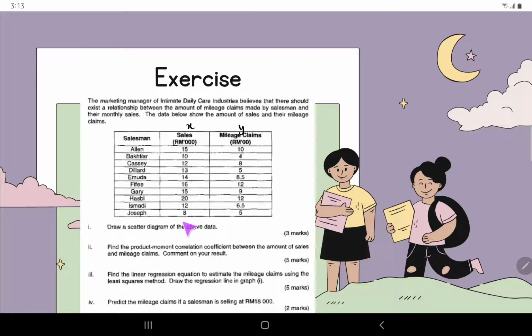So kalau sales dia dekat sini 18, dekat sini berapa mileage claim dia. So dekat dalam equation nombor 3 tadi, you all kena masukkan if X equal 18. So what will be your value of Y? So itu jawapan untuk soalan nombor 4.